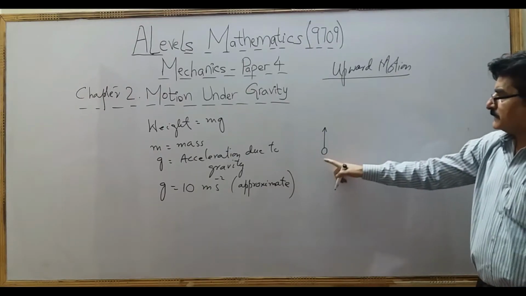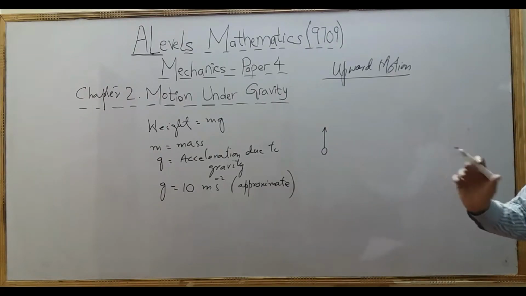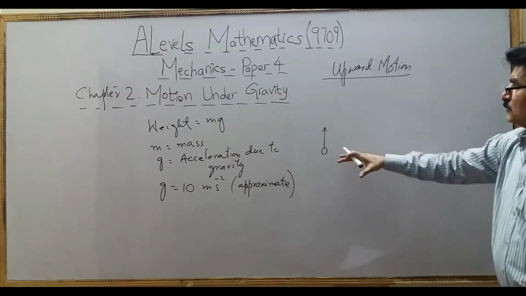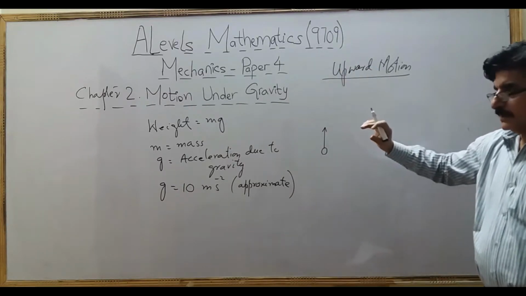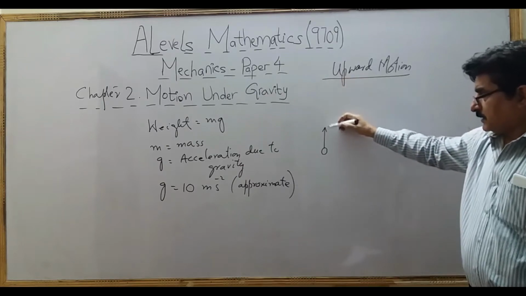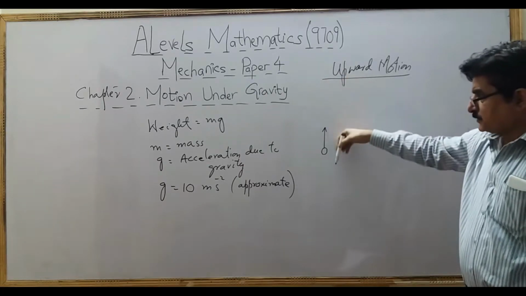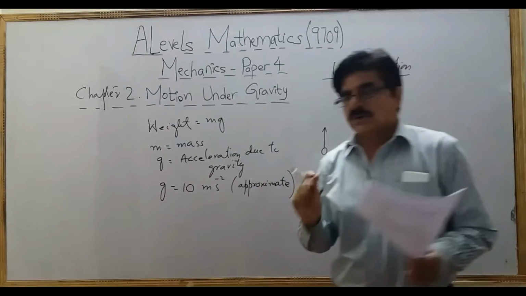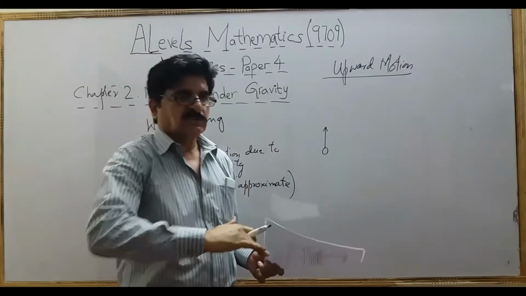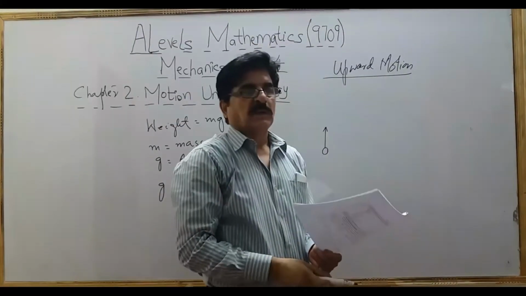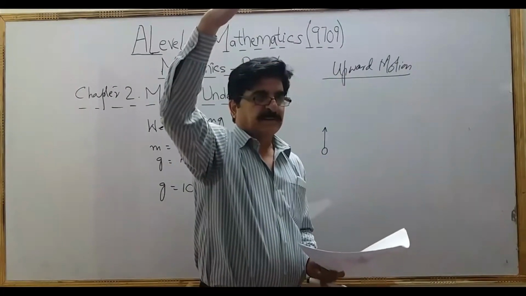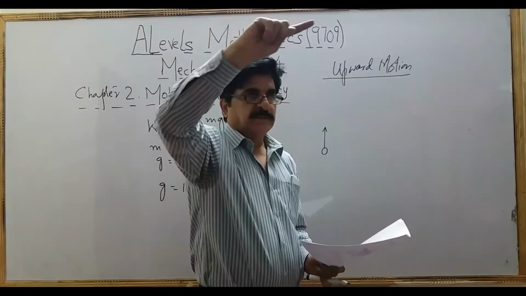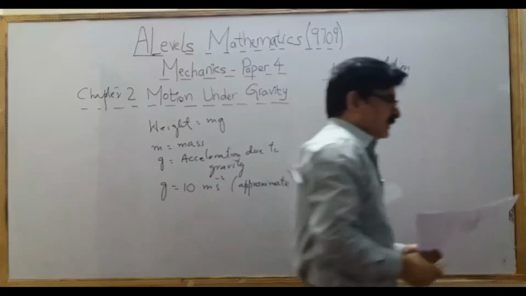So we have to give some initial velocity. It moves with that velocity. When it moves, the weight acts downward, so it slows down. The particle slows down when it moves upwards, and at some point it comes to rest and then takes turn.